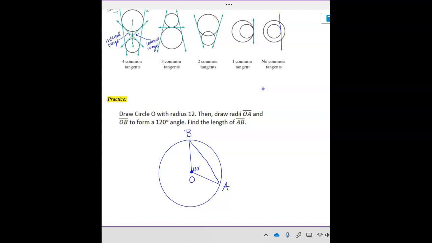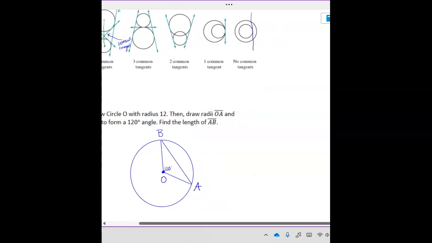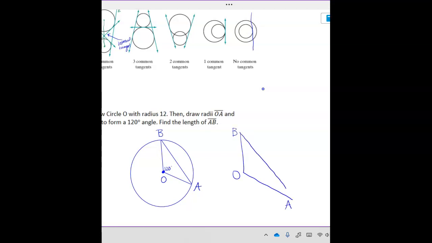So you'll notice here that we're forming a triangle. Well, it may be easier if you just pull this triangle out to the right. So I've got this triangle OAB. And because OA and OB are radii, we know that those are congruent. Now, this ends up forming an isosceles triangle.